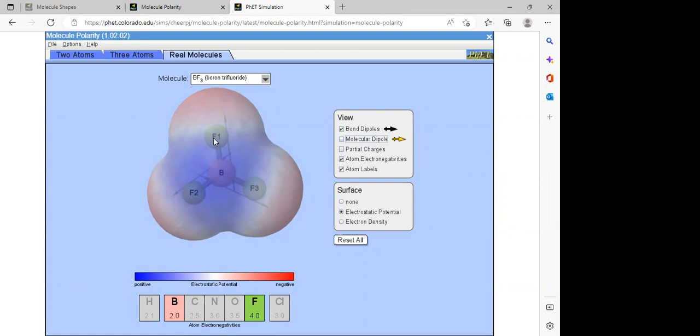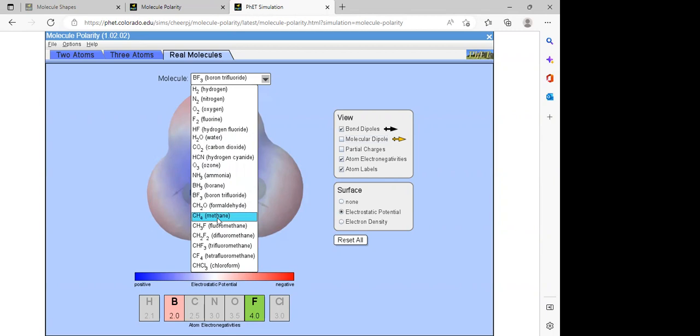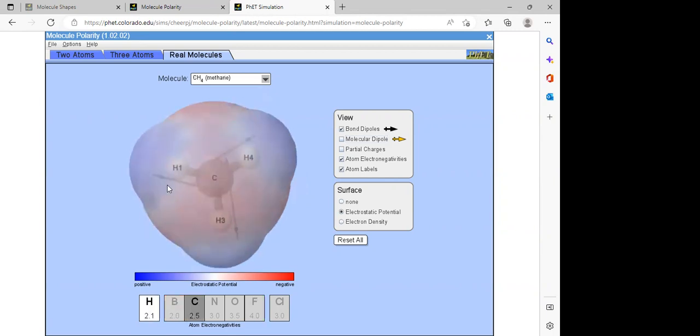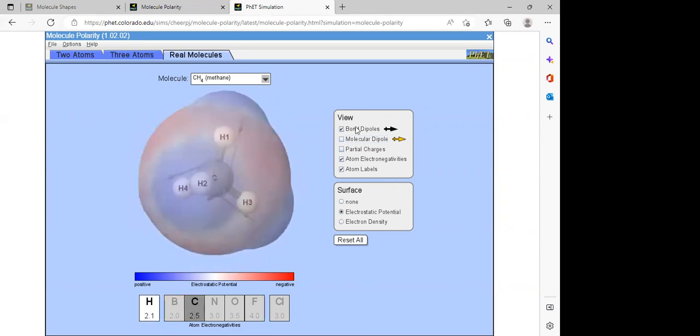How do they cancel out? Equal angles and equal atoms on the outside. So BF3, non-polar. Here's CH4. I'm going to click this, non-polar. Everything cancels out. That was this one, right? Everything cancels out. This is non-polar. Are there bond dipoles? Absolutely.